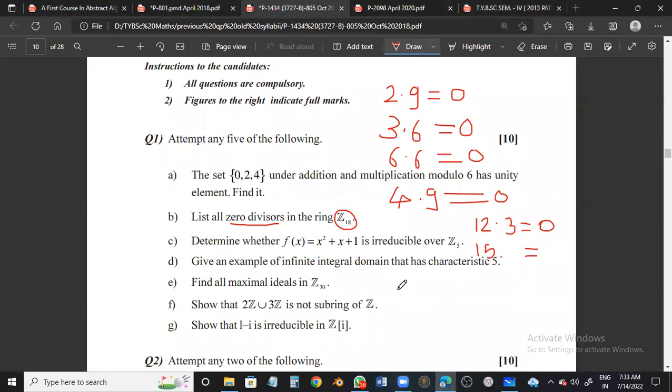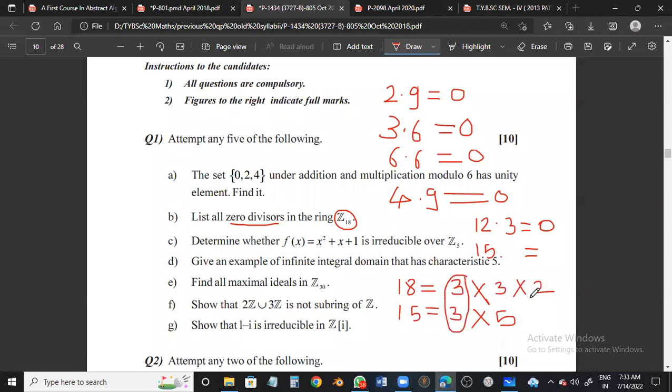Shall I give you a clue? See, 18, you just factorize into primes: 3, 3, and 2. Factorize 15: 3, 5. So for 15, you already have one 3. What is it lacking?